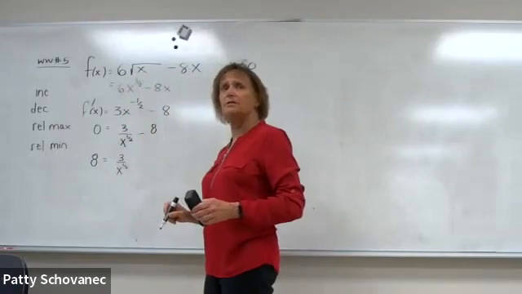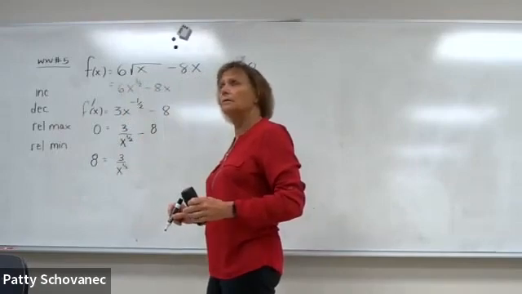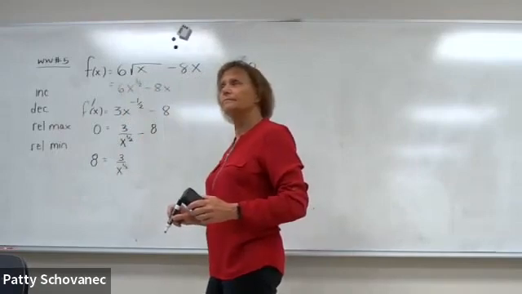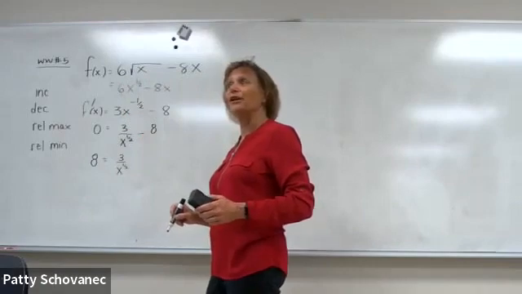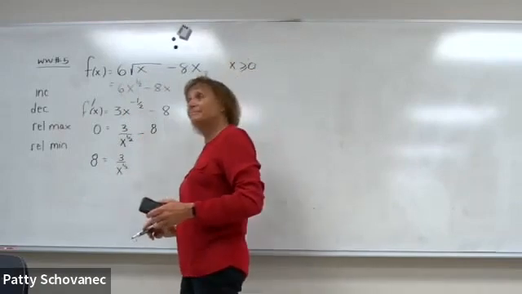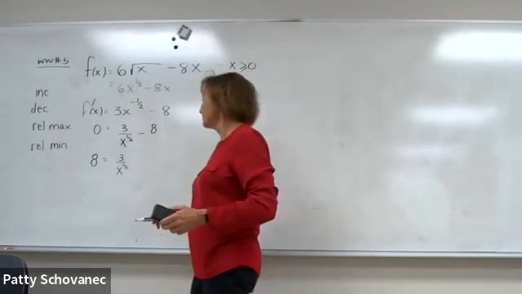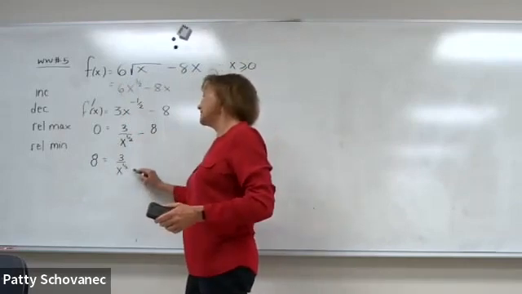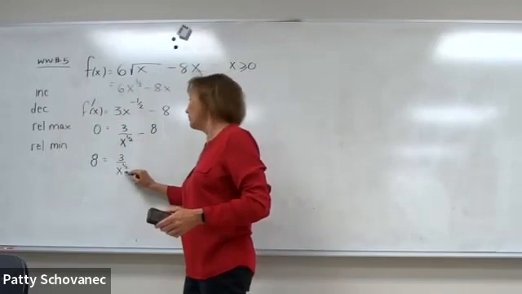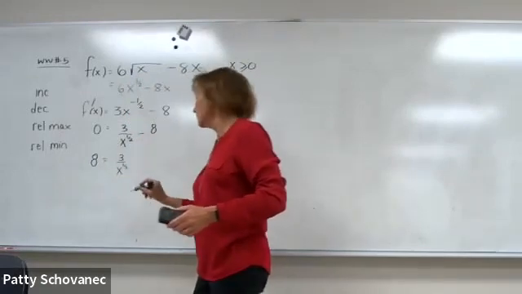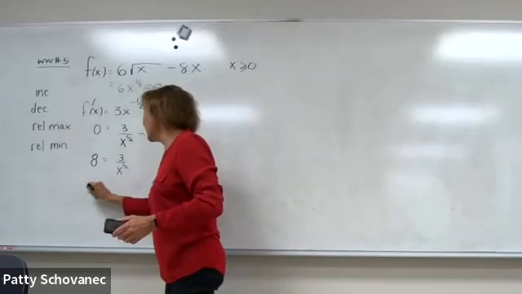You know what comes next? What would you do next? I want to get the x on the bottom. So how about we multiply both sides by x to the 1/2? Right, get rid of all denominators.